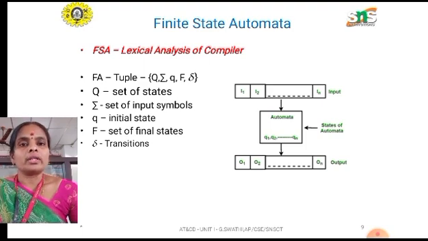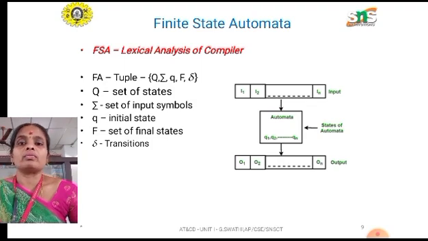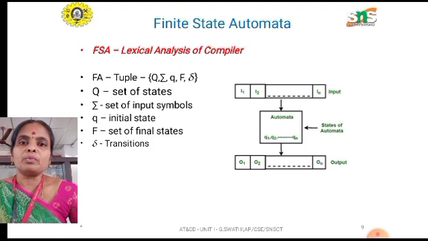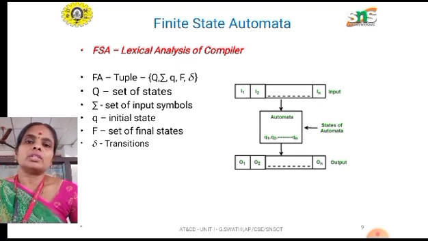As we saw in the previous example, we had several states marked as an oval shape. So every finite automata must consist of a set of states. Then sigma, which consists of the set of symbols. Whenever a regular expression is written, there must be input symbols through which the expression or the pattern can be defined. So the second one is the set of symbols.